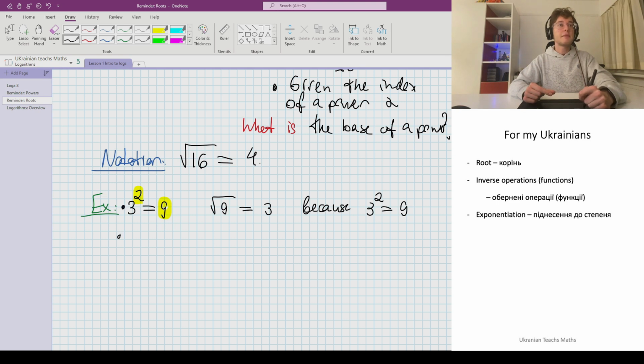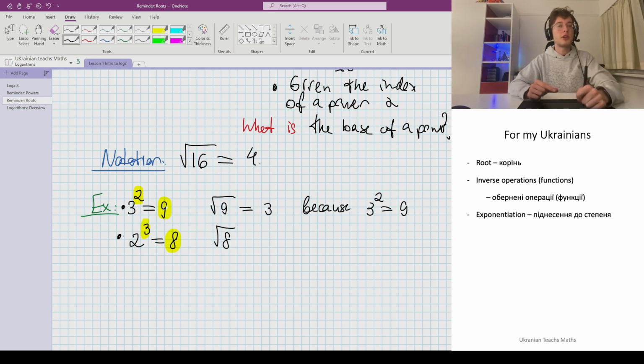The very same way, if I instead say 2 raised to the power of 3, we know that this is going to be 2 times 2 times 2, so 8. Now I have to do the very same thing. I give you in advance two numbers: the result 8 and the index 3.